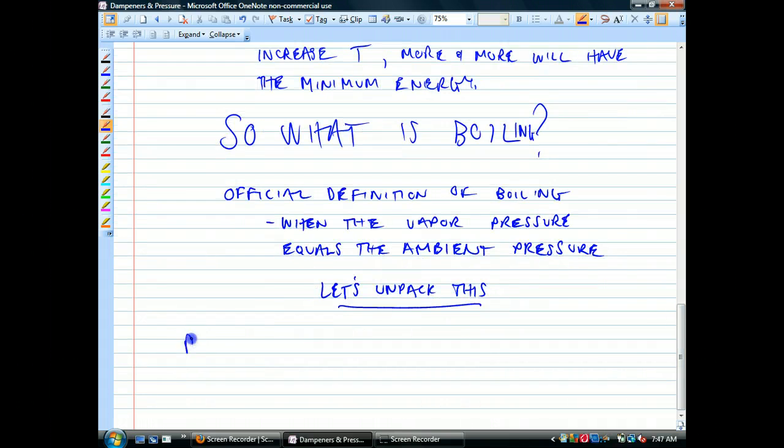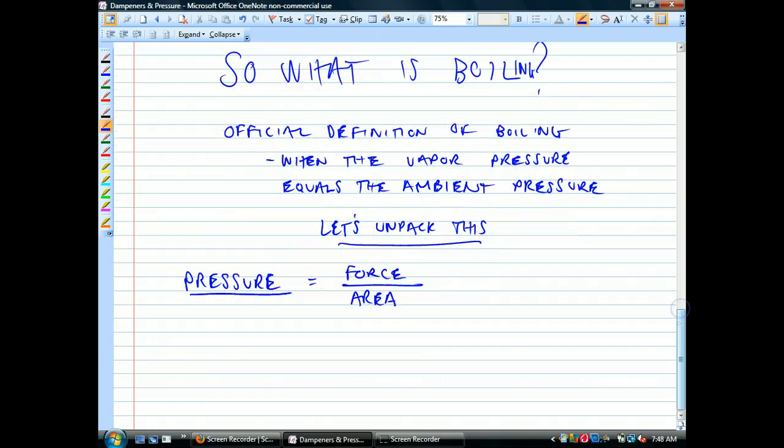First of all, pressure. Let's make sure we're all on the same page with what pressure is. Pressure is a force per unit area. It's a force per area. So if you take a certain surface area and you apply a certain force, that's a pressure.